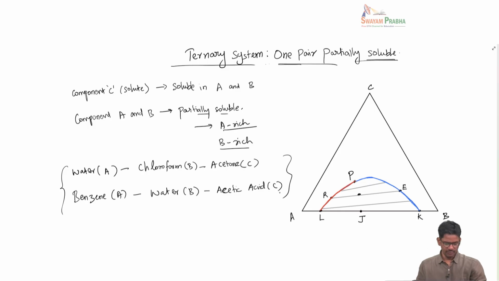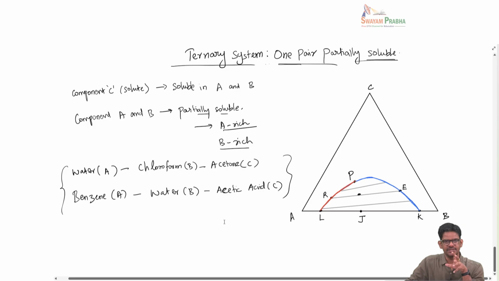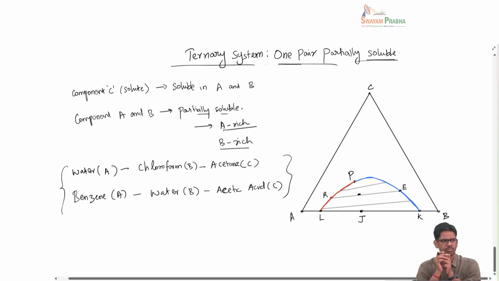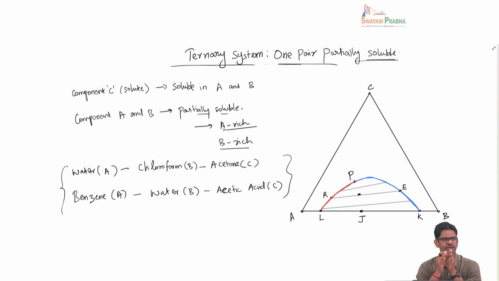Now such mixtures can be represented in this kind of ternary diagram. You can see that this vertex here is pure component A, this vertex is pure component B, and this vertex is pure component C. Now this baseline AB is a binary mixture of A and B. If I prepare a mixture corresponding to point J, that would be a binary mixture of A and B, and you will see that it will immediately phase separate into two layers.